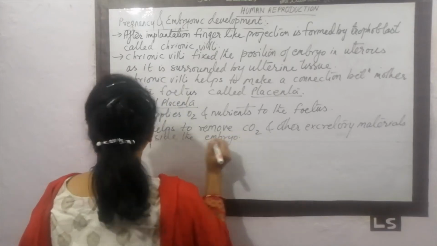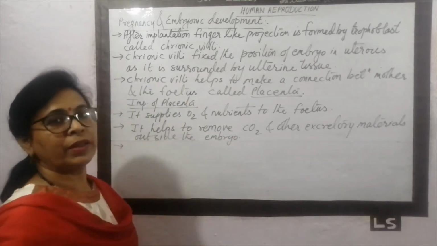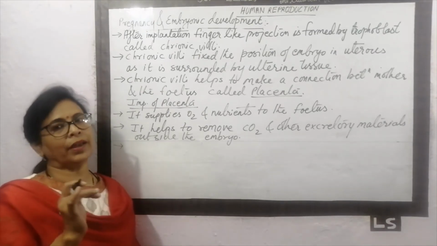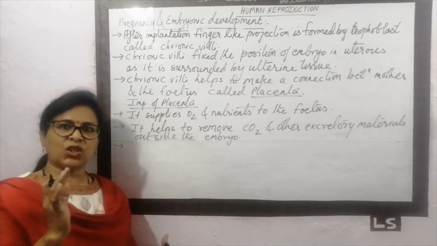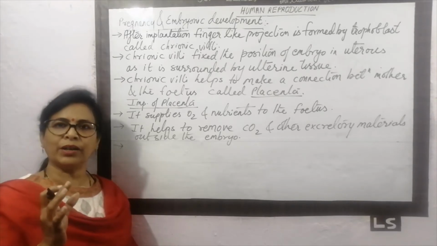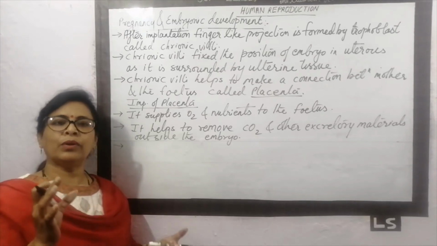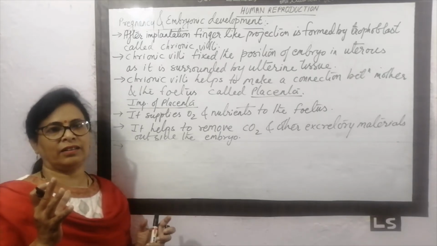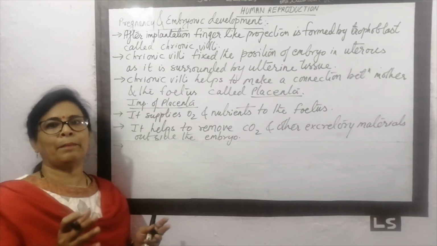That is the important role of the placenta. The placenta is a very important part of the developing embryo. It is a connection through which the embryo gets the nutrients and removes the waste. So it is a transport channel between the embryo and the mother.